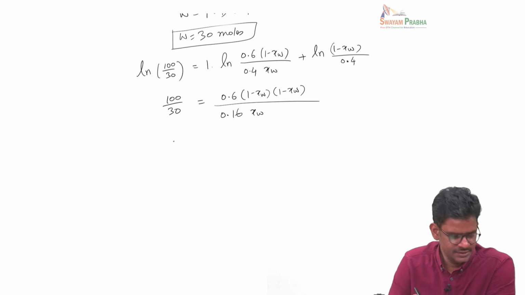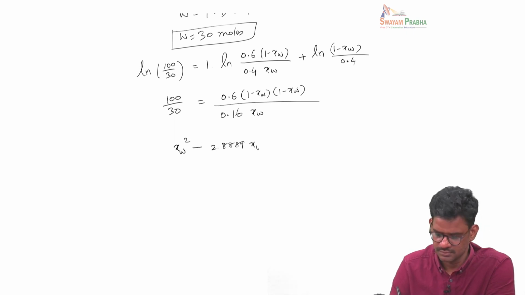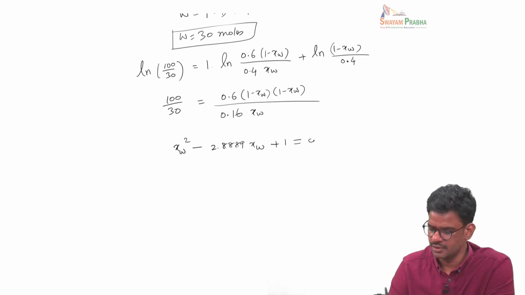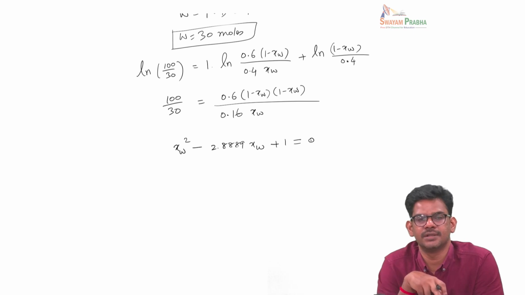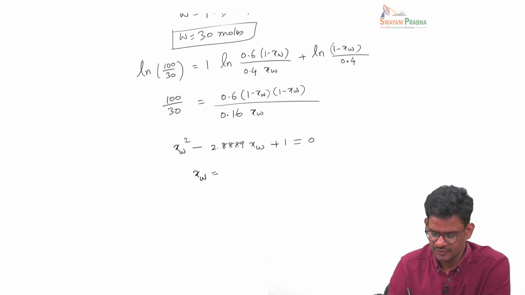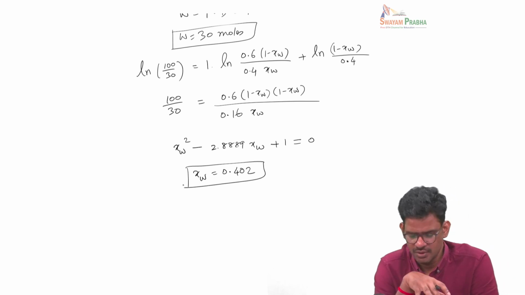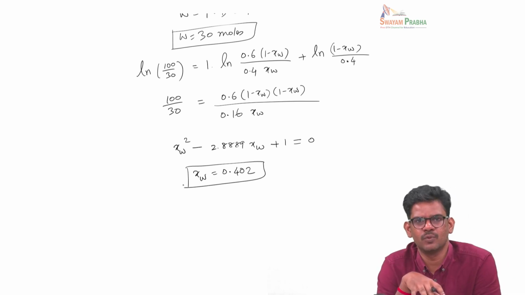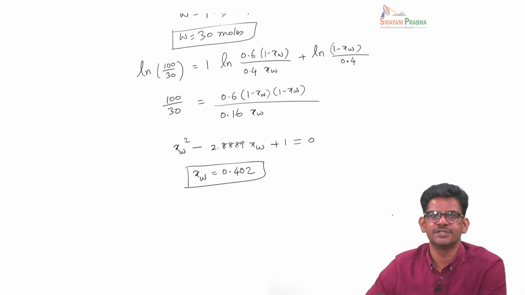If you rewrite this, you get a quadratic equation for XW, and then you can solve this, and we will get XW is 0.402. You will get two solutions. The other solution will be more than one, which is not permissible because it is a mole fraction. So we take the lower value, which is 0.402.